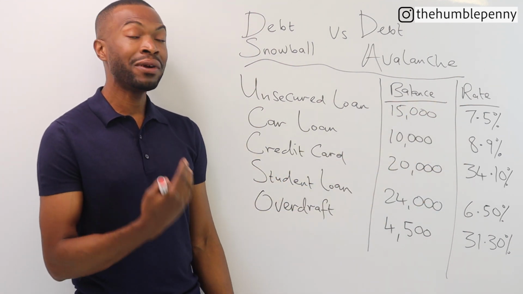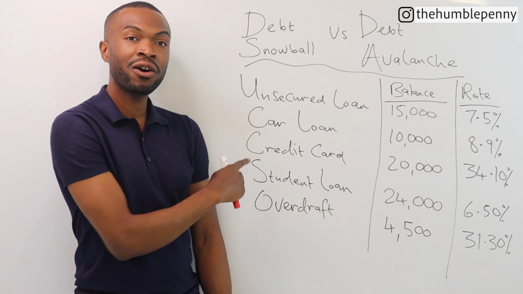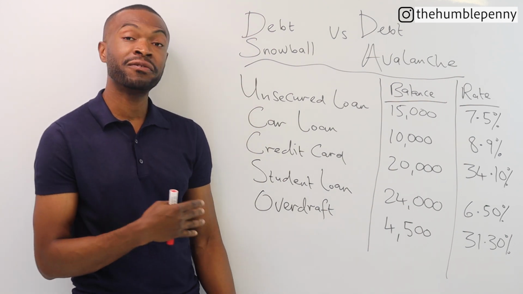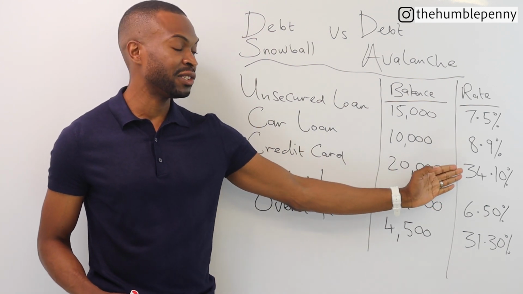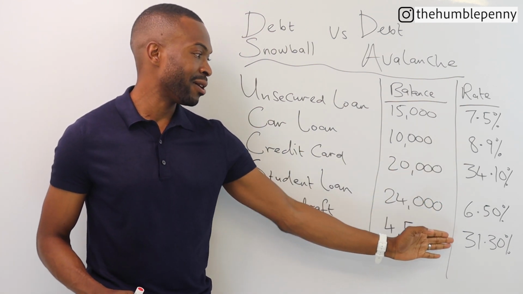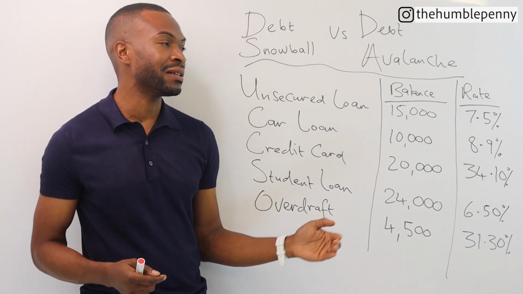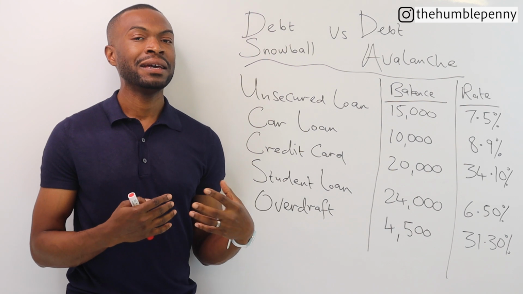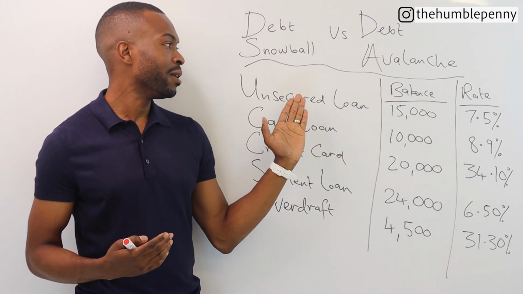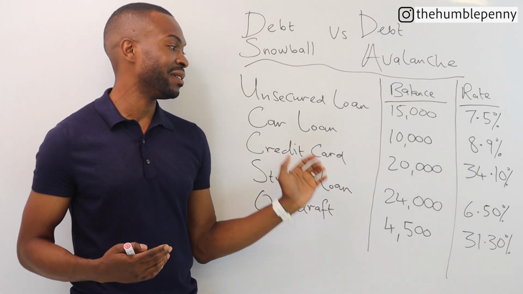So for the really expensive debt, such as your credit card debt and your overdraft debt, that person's paying a really high rate of interest of 34.1% and 31.3% respectively in this particular example. And then for other types of debt, they're paying much cheaper. So for example, the unsecured loan is 7.5% and so on.